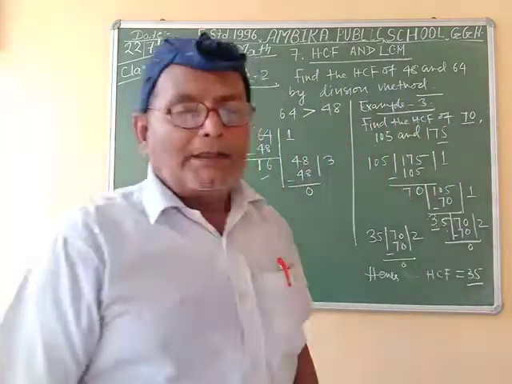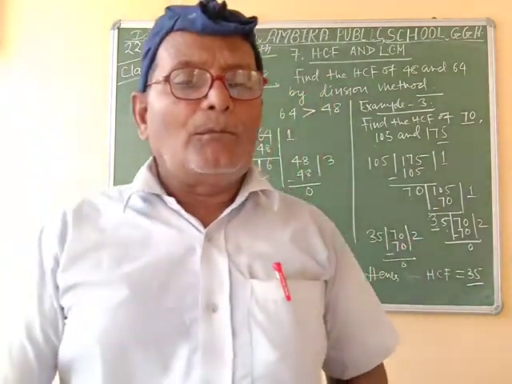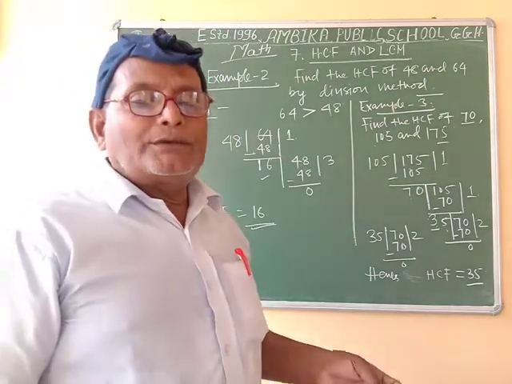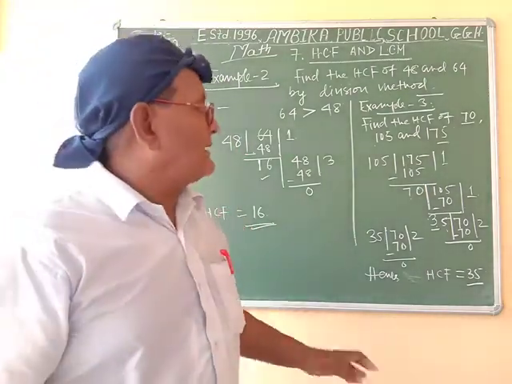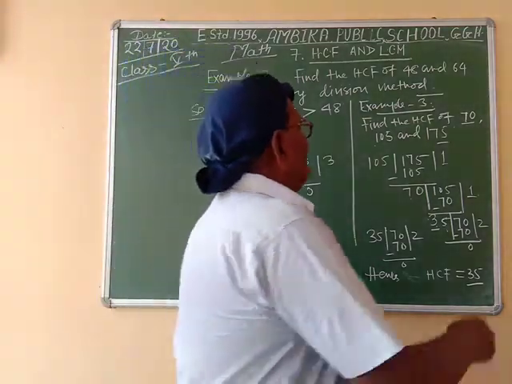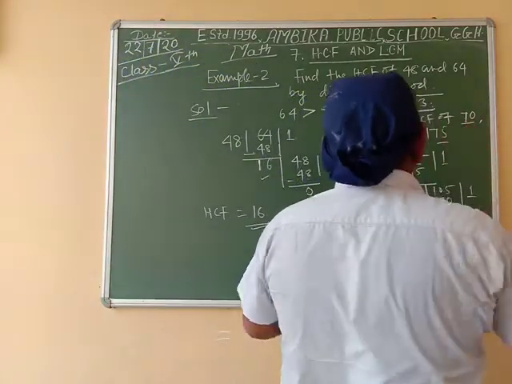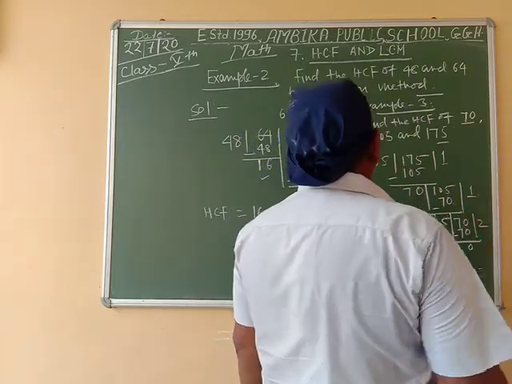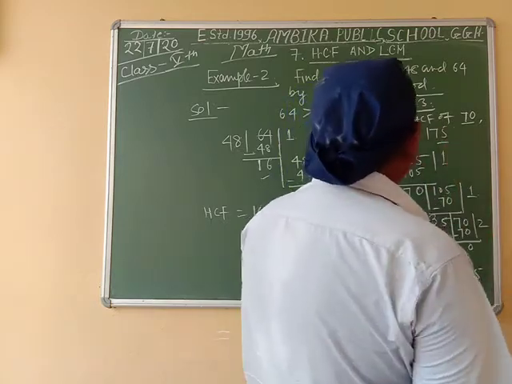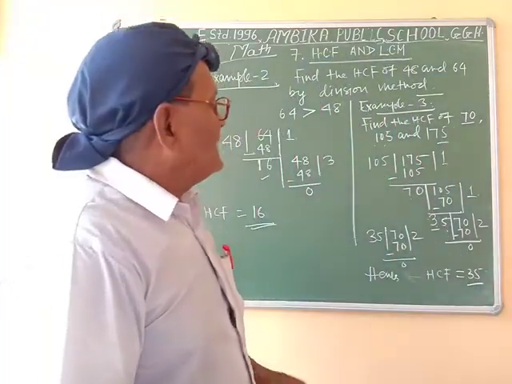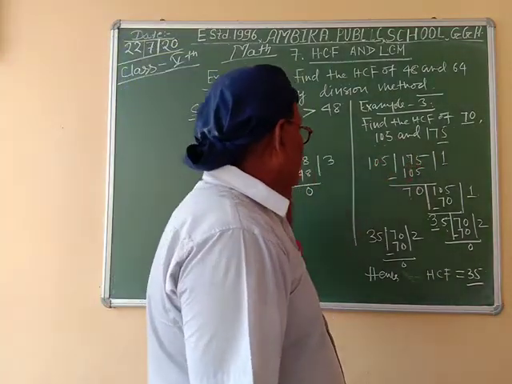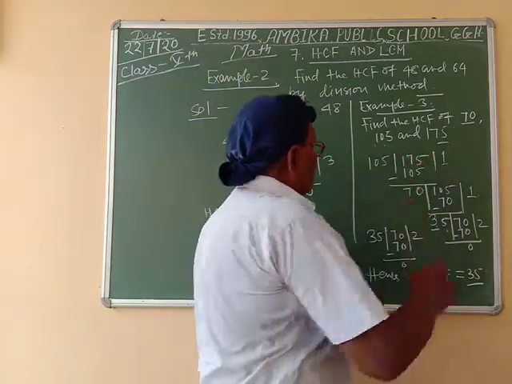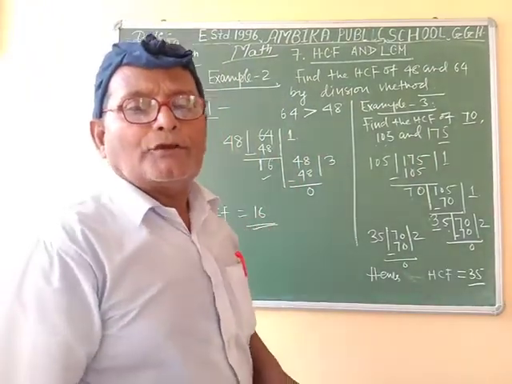So if you are given three numbers, or more than two numbers, for the HCF of more than two numbers, first of all find the HCF of any two numbers. You can take any two. It is not necessary that we take 105 and 175. We take any two of the three, and divide the greater number by the smaller number first of all.